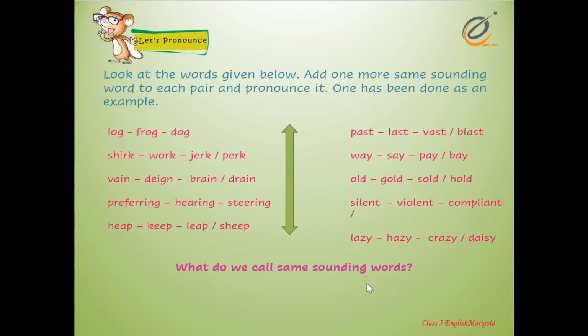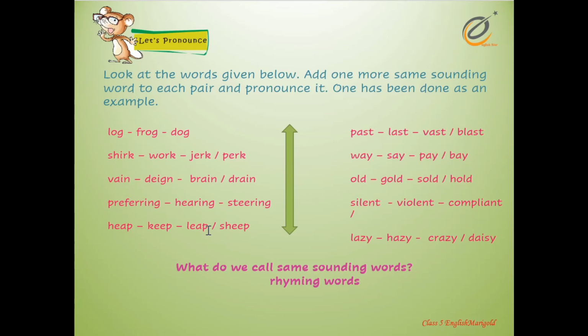What do we call same sounding words? Same sounding words are called rhyming words. These are called rhyming words. Okay, student? Same sounding words are called rhyming words. So keep practicing whatever we pronounced and had a pronunciation drill, and make your pronunciation good.